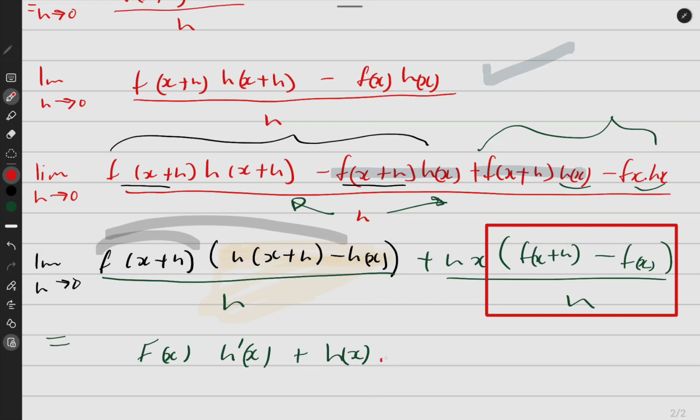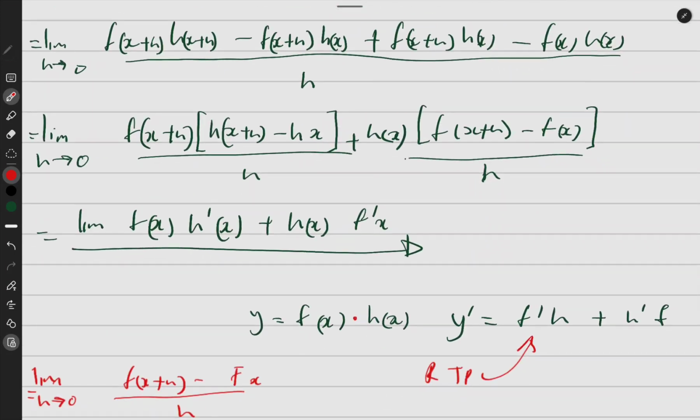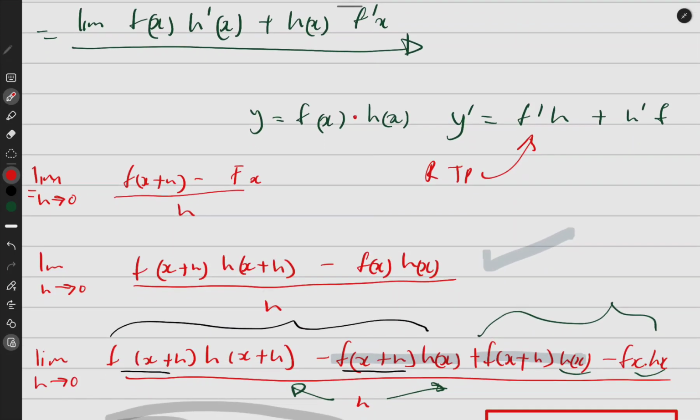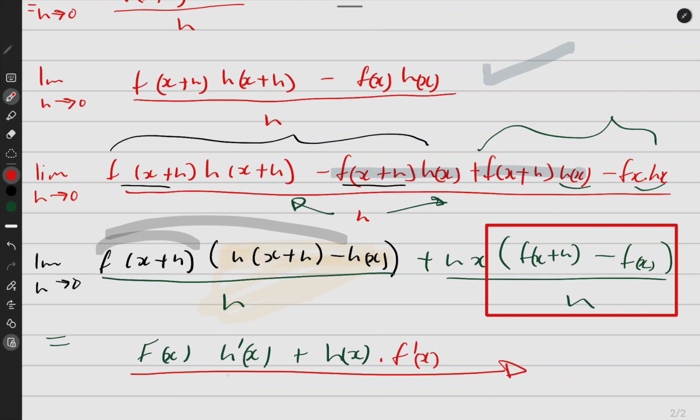Okay, then that will be taking the derivative of f of x. And if you notice very well, this is strictly the same as what we were required to prove here. So we have achieved what we were required to prove. So this is what the product rule states.